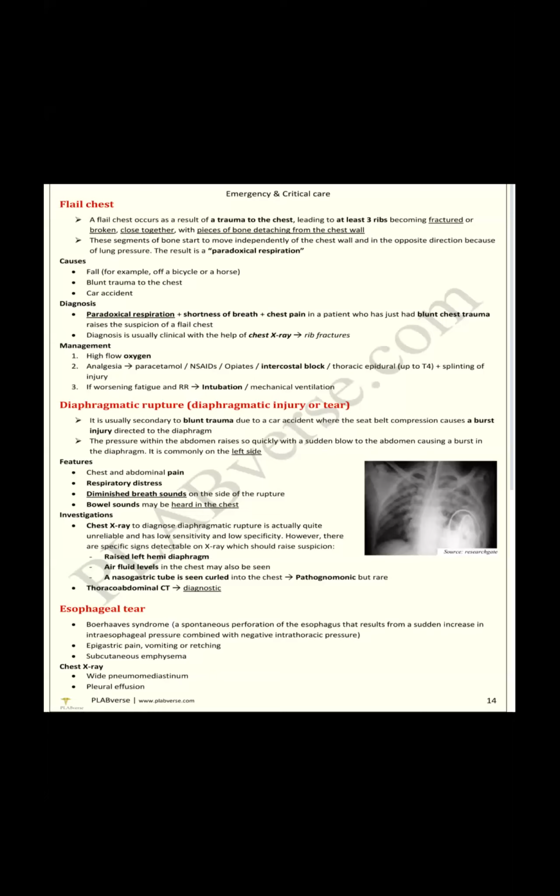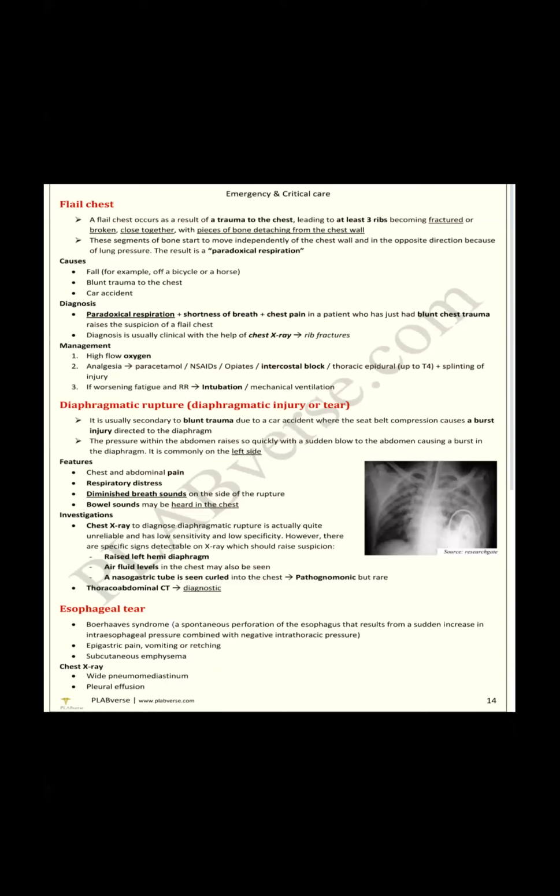What we have to remember for the flail chest: after trauma to the chest, 3 ribs become fractured and broken, close together, or pieces of bone detach, which causes paradoxical respiration. Flail chest means either the patient fell down, or had a car accident or brain trauma.